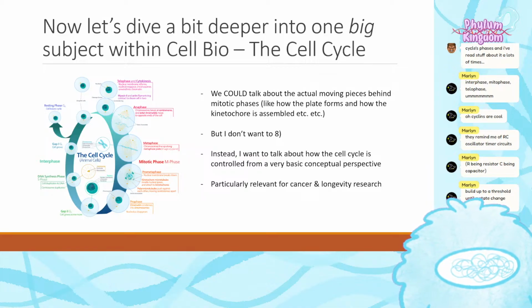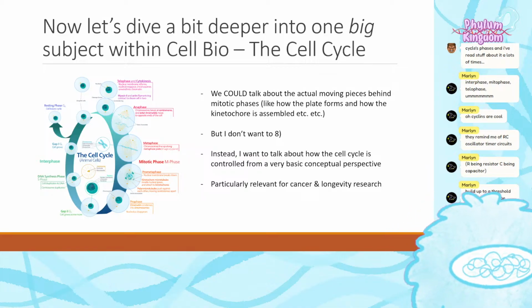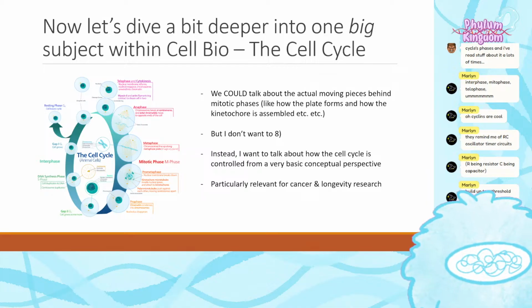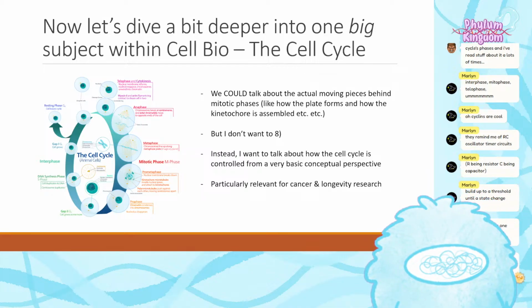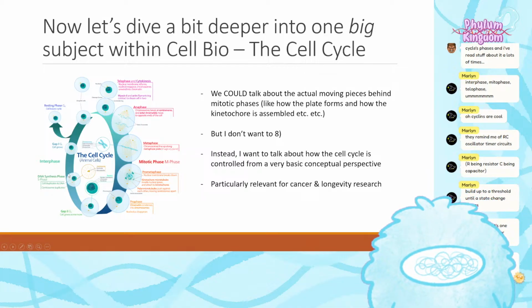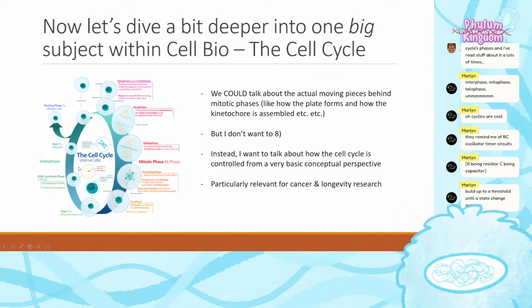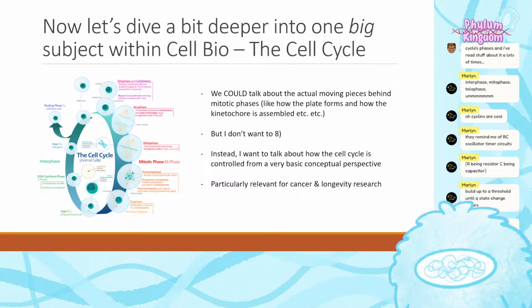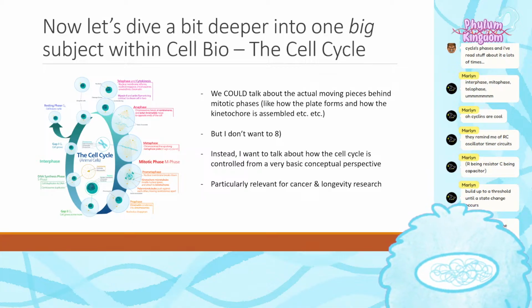Like I probably butchered that order. Actually, no, that's pretty good. G1, and then you have DNA synthesis, so you have growth, and then you have replicating your DNA, you have another stage of growth, and then you have the actual split, and then you're back at G1. A multi-step process that has to be carefully regulated. You cannot have this thing go wrong, and if it does go wrong, you have to abort right away.